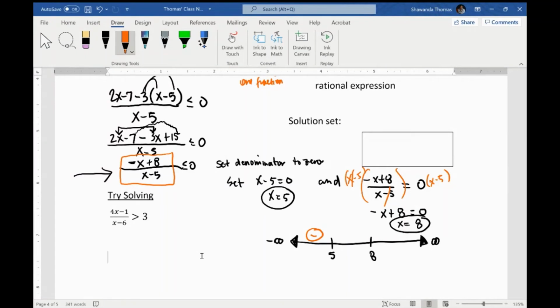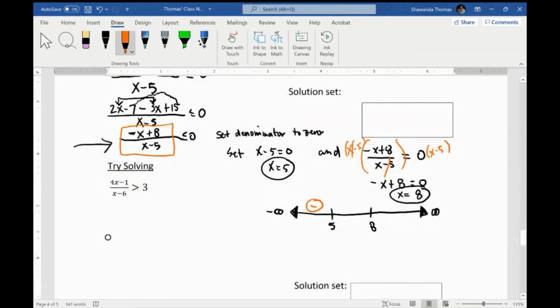A negative times a negative is a positive. What number did you plug in, Alicia? 6. Okay. Let's go through it together. So what's negative 6 plus 8? 2.